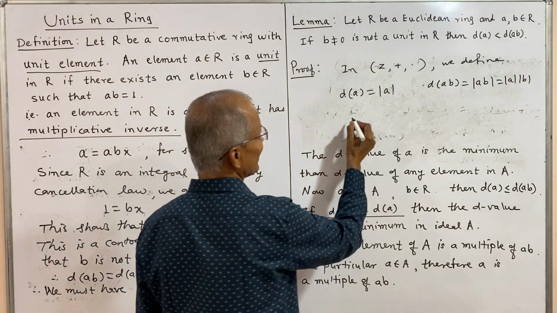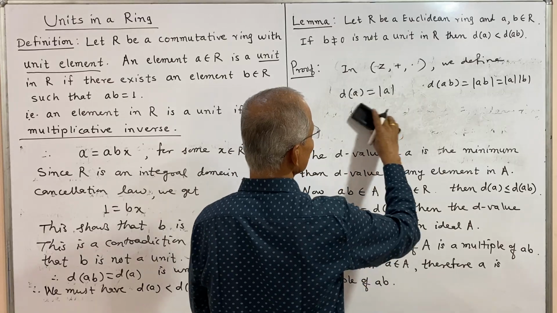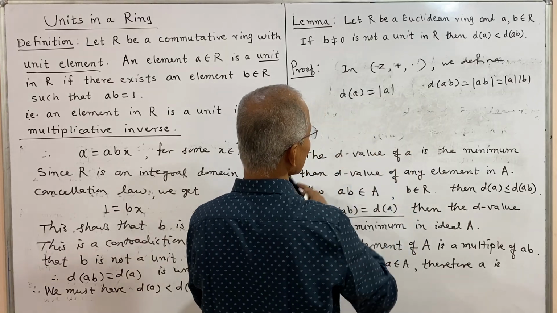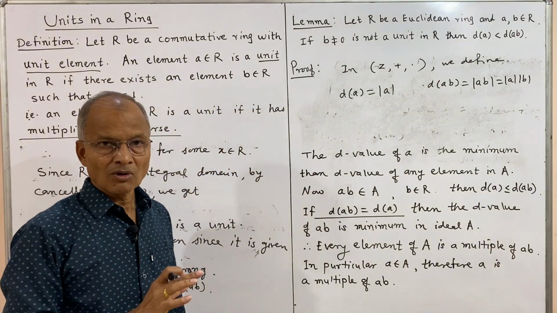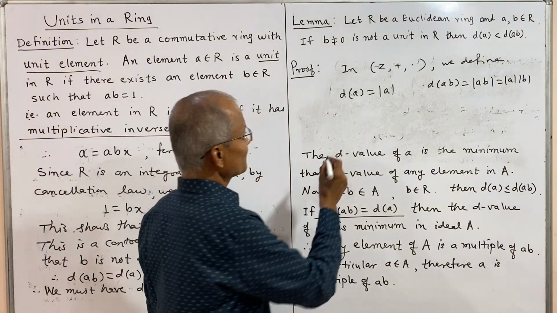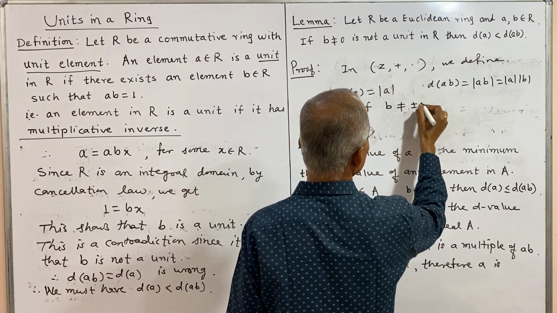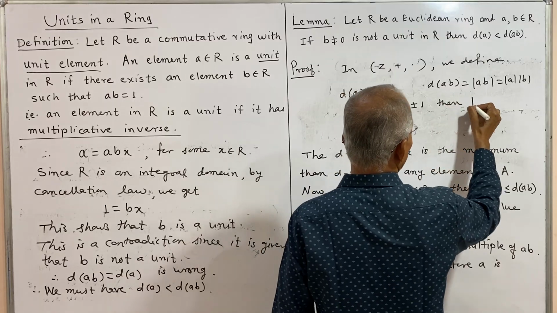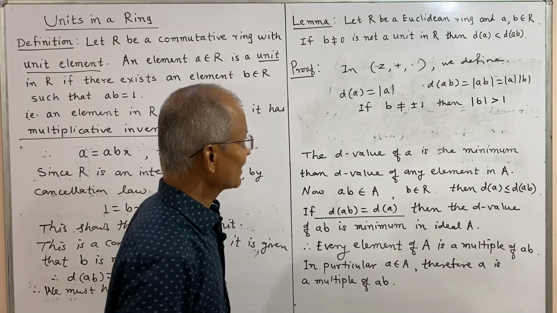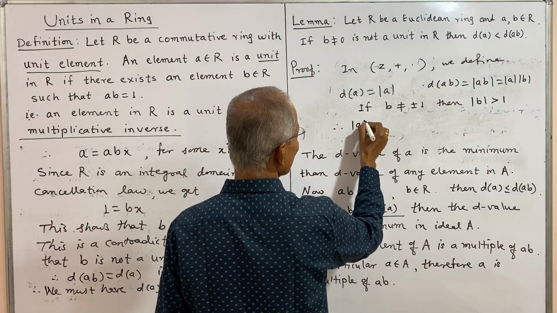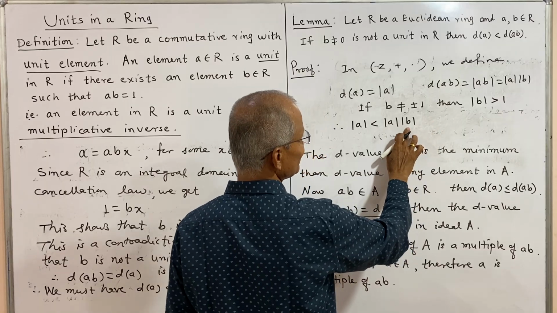And we have the relation: if B is not a unit, means B is not equal to plus or minus 1. In the ring of integers, we know 1 and minus 1 are units. If B is not equal to plus minus 1, then obviously mod B will be greater than 1, and therefore we have absolute value of A is strictly less than absolute value of A into absolute value of B, because this value is greater than 1.